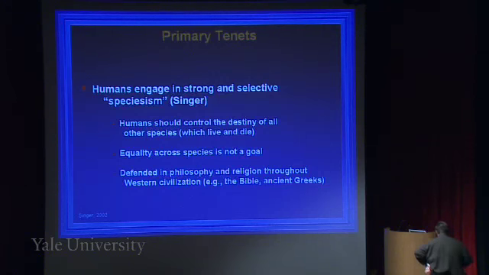First he says, and this is readily admitted by the people who believe that the animal activists have gone too far, that humans engage in strong and selective speciesism. So there are some species we feel it's okay to treat certain ways and other species that we don't. But equality across species is not a goal, and this has a long history.